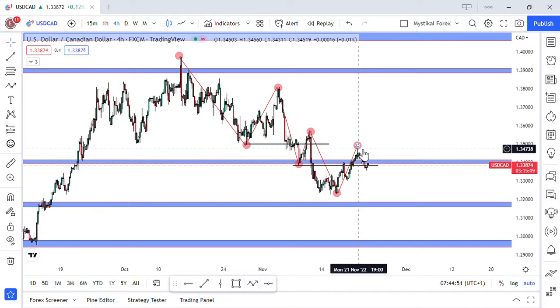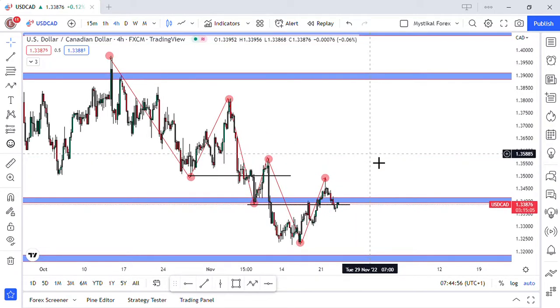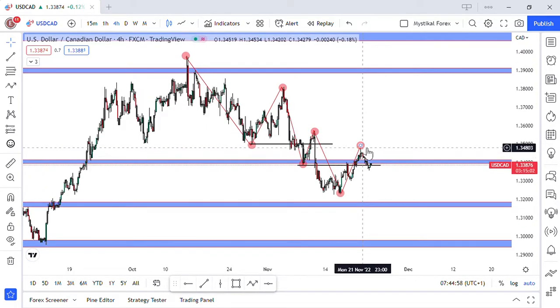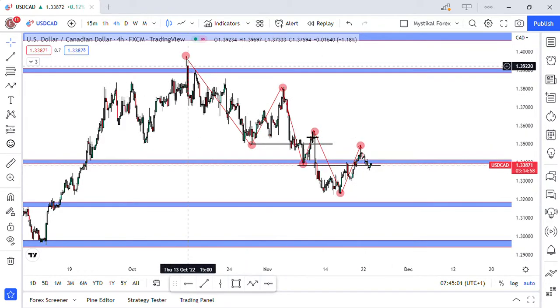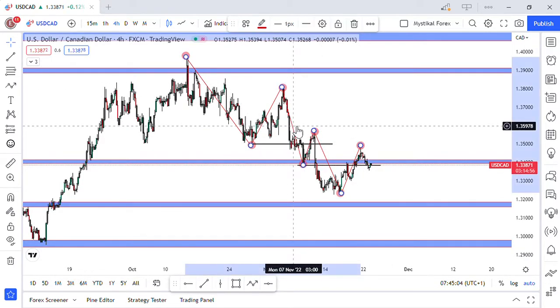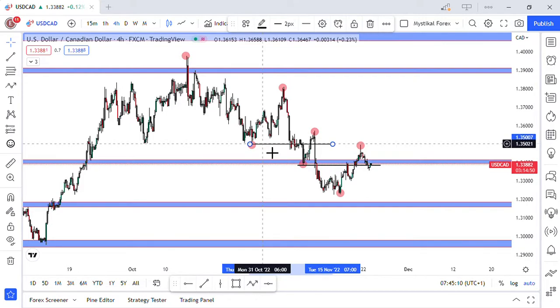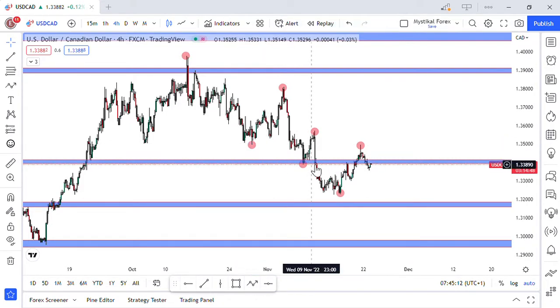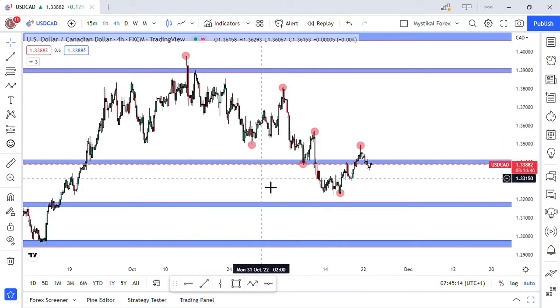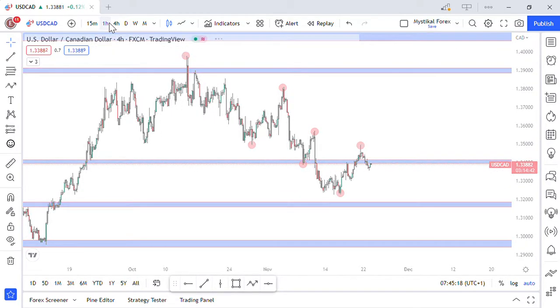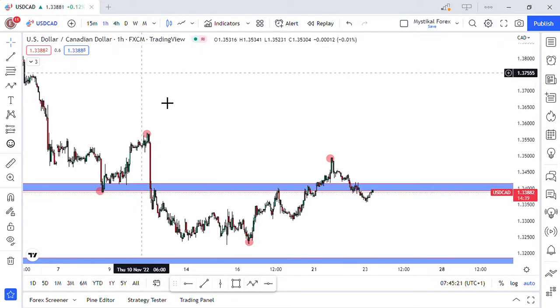Now, from the looks of it, we as a channel, as a family, if we are to go back, let me just remove this for you so that you see clearly. If we are to go back onto a clear chart like this one, if we move down to our H1 time frame, wonderful.